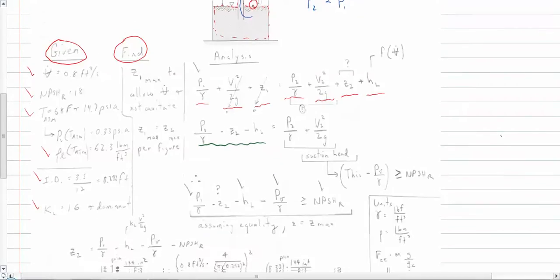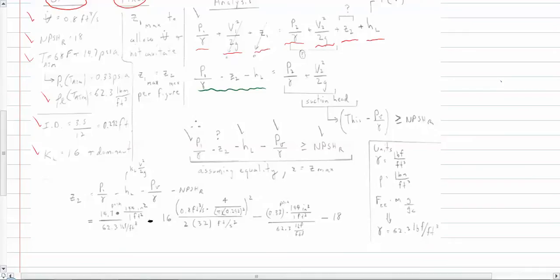As you go further, you'll find that we can now group these as a net positive suction head available and the net positive suction head required. In this case, we always want the net positive suction head available to be greater than the net positive suction head required. So we set up this inequality, and we assume that equality means that's when Z equals Z max.